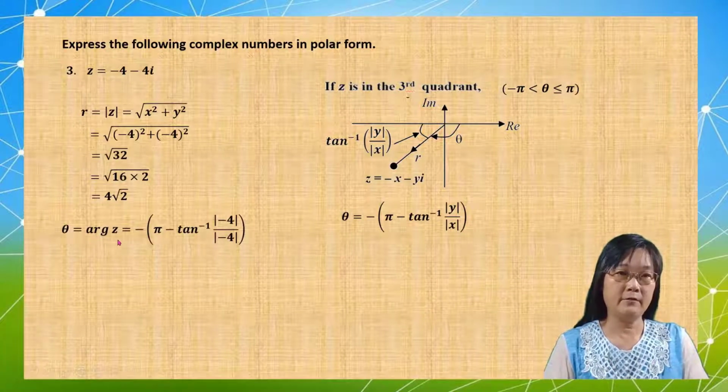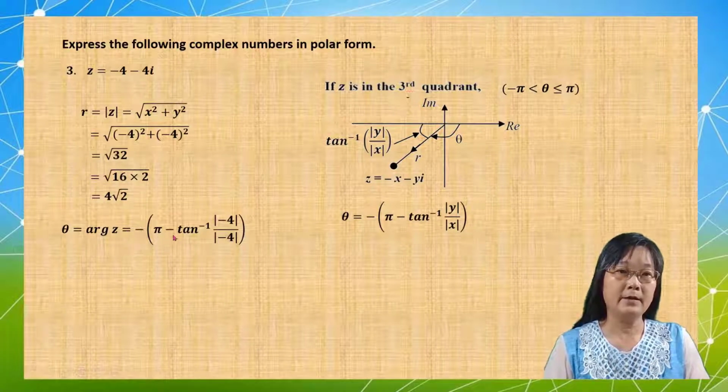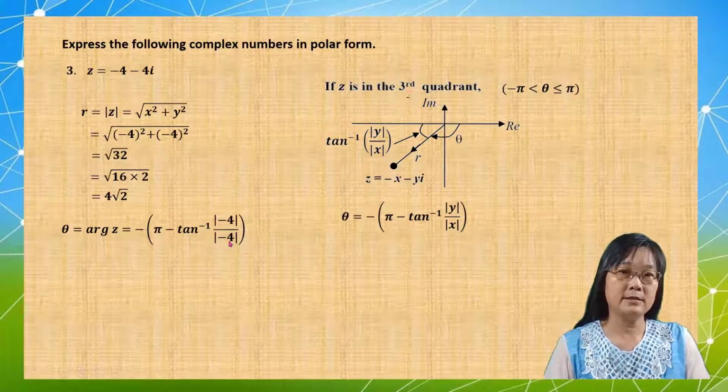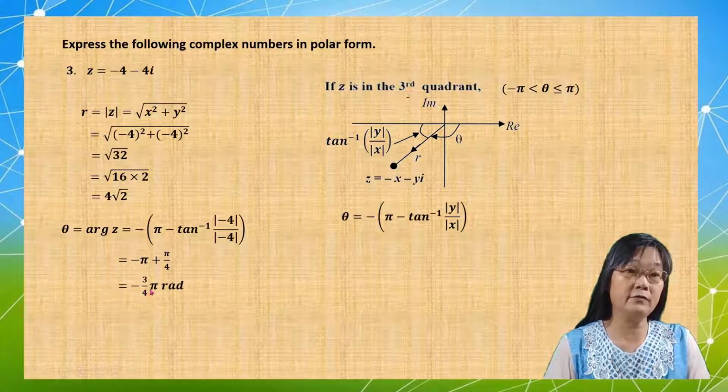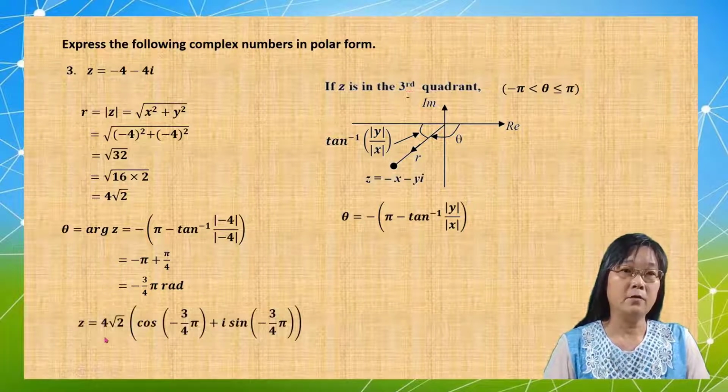Therefore, the argument for this complex number is negative pi minus arctangent, y is -4, x is -4. So when I press calculator, it is pi over 4. So negative pi plus pi over 4 is equal to -3 over 4 pi radian. So therefore, the polar form is this one.